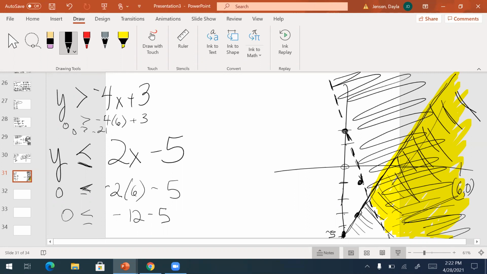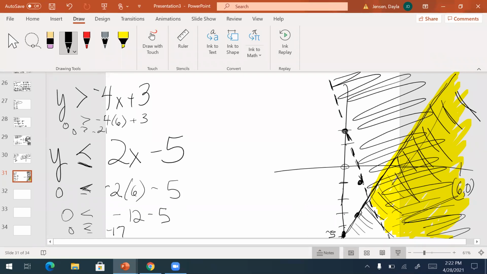Is 0 less than or equal to negative 17? Clearly, I did.